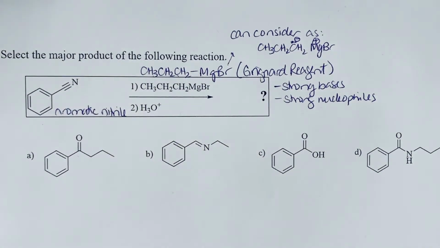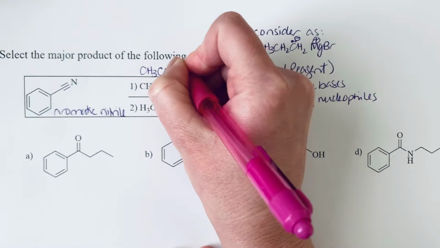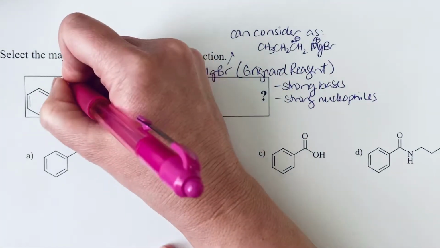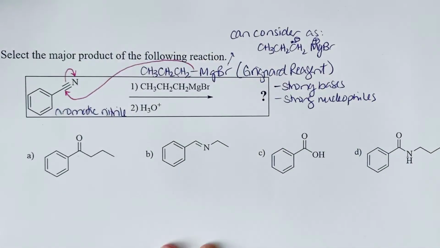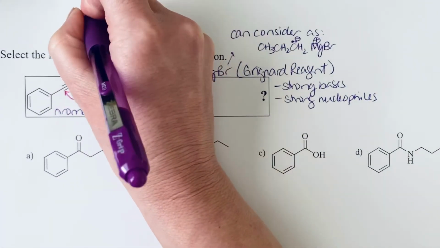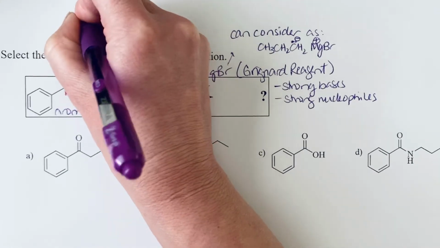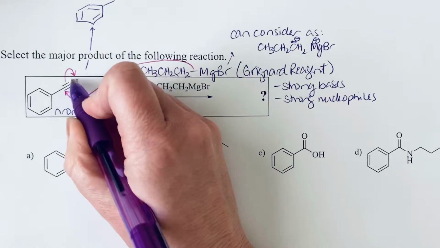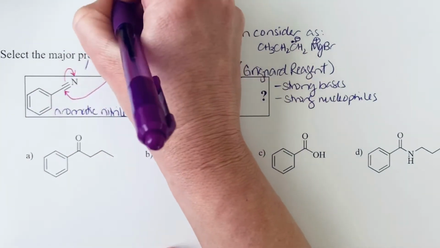So we have seen lots of electrophilic additions to carbonyls and carbonyl-like compounds, and this is going to follow the same pattern. So we are going to attack the carbon of the nitrile and push that lone pair of electrons up onto the nitrogen. And so what we get there as an intermediate is a carbon-nitrogen double bond because we removed one of those pi bonds.